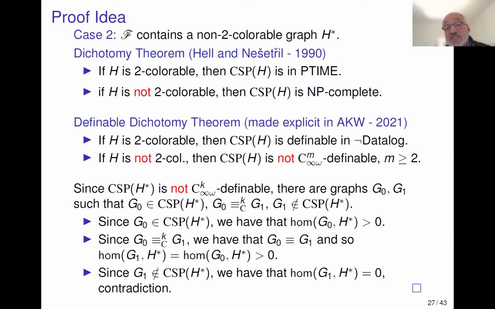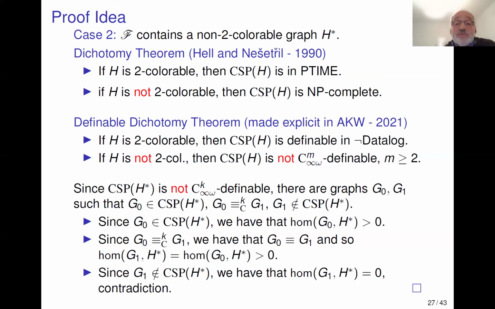Since G0 is in CSP of H star, it means that there is a homomorphism, so the number of homomorphisms is positive. Since G0 is C^K equivalent to G1, and our equivalence relation is coarser than C^K equivalence, it implies that the graphs are equivalent.